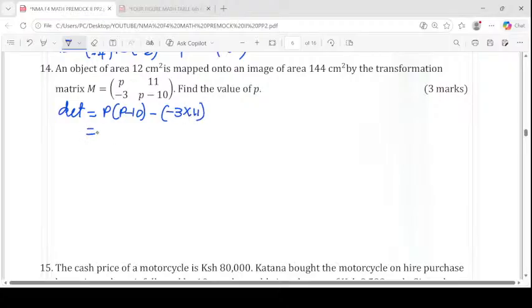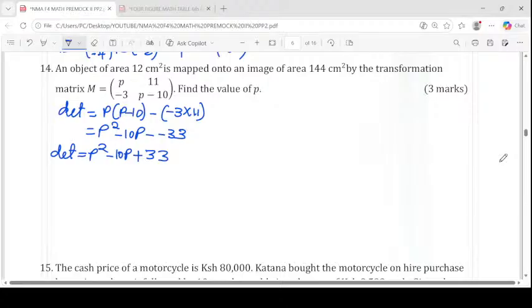So this will become P squared minus 10P minus negative 33. Finally, our determinant is P squared minus 10P plus 33, because a negative times a negative becomes a positive.